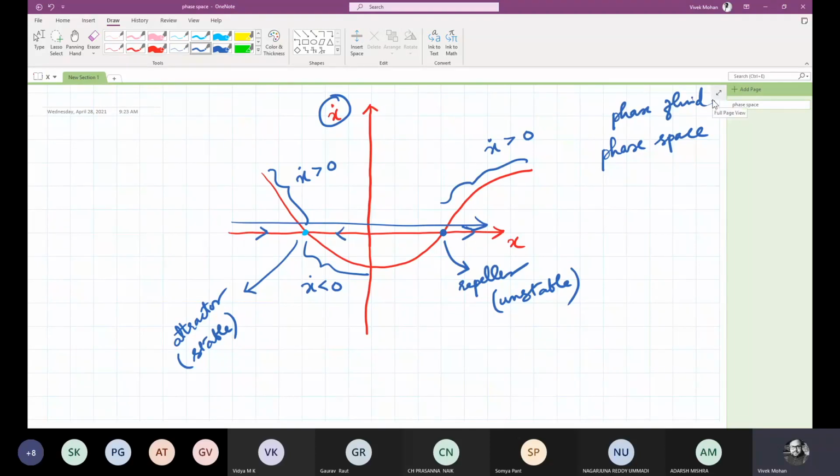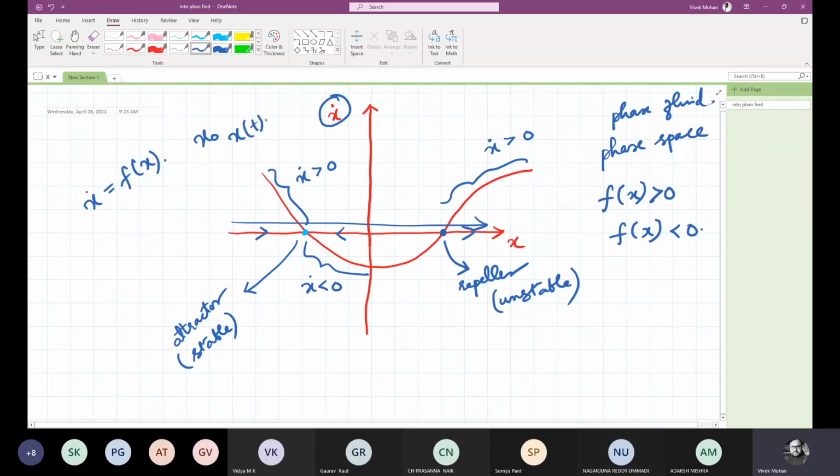Now the flow is to the right where f of x is greater than 0. f of x is x dot. And the flow is to the left where f of x is less than 0. Now to find the solution to x dot equals f of x, starting from some initial condition, we are going to vary the initial condition x naught. x of t when t equals 0 is x naught.